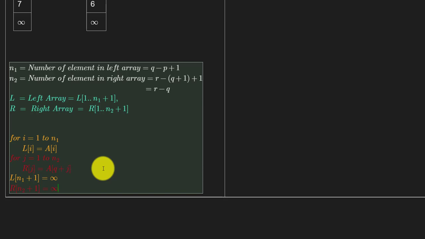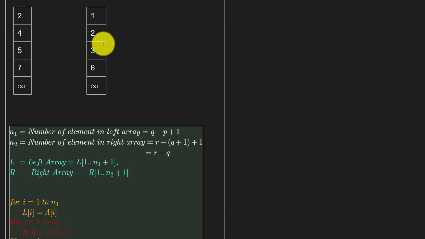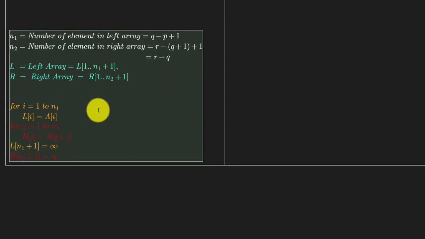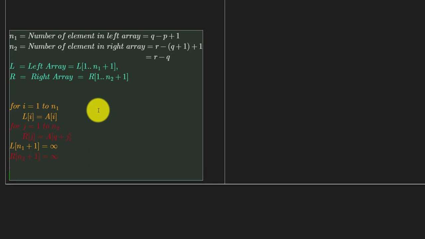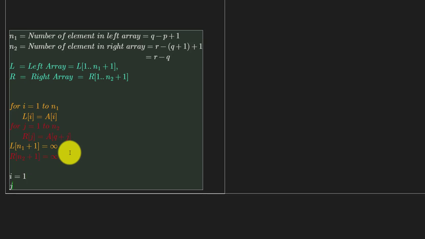Now we are going to develop the pseudocode for the comparison purpose. For that, we will initialize this i and j, because we are going to reuse these two index variables, to 1. So i equals 1 and j equals 1. This is just reinitializing them because we are going to reuse them.